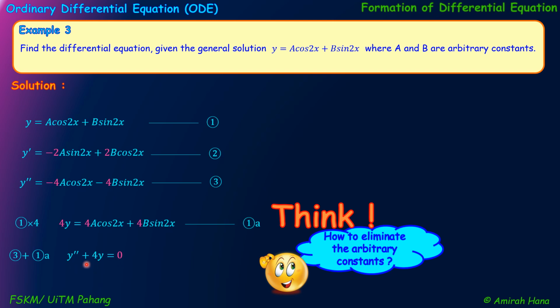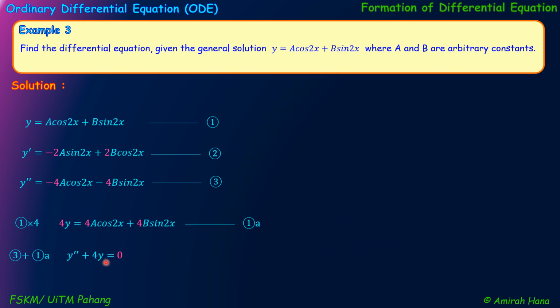From here, we successfully eliminated constants a and b. In this case, we have found the differential equation. So this is the differential equation, our final answer. Got it?